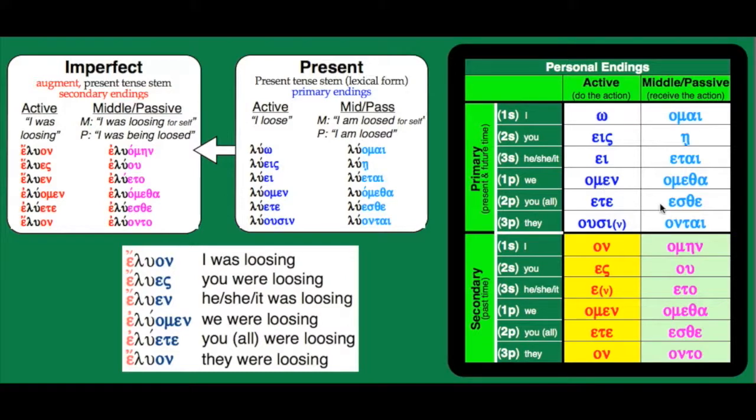Notice that these are the same, amen and eta. So how will you know? Well, that's where we need this augment, don't we? So, eluamen, elueta means y'all were loosing, and eluon means they were loosing. And notice all we're doing here is changing the person and number by changing these sets of endings right here.